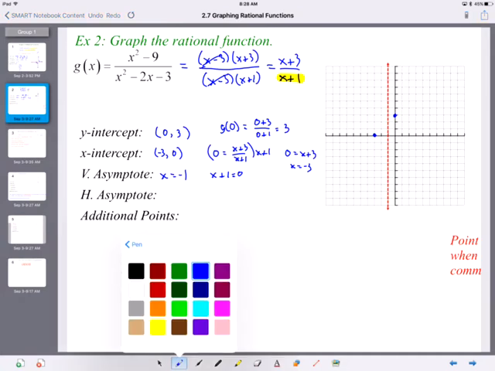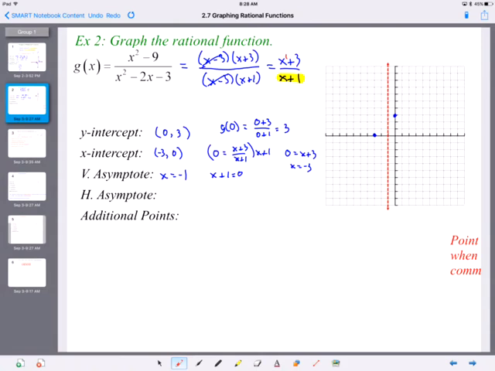Change colors real quick to show you this. So degree is 1 here, and then you take your leading coefficients on both of those, it's also 1. So horizontal is at y equals 1. We will graph that as well. Okay, and so right now we have 2 points and a horizontal and vertical asymptote.